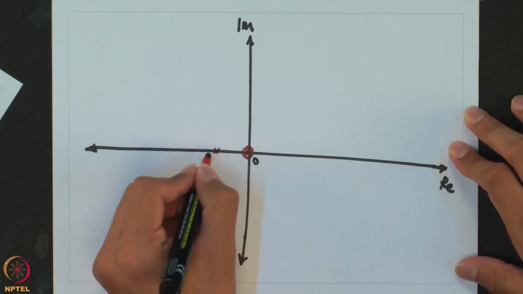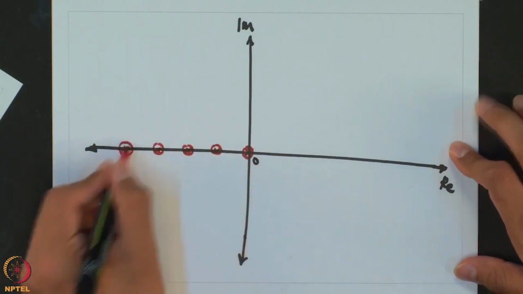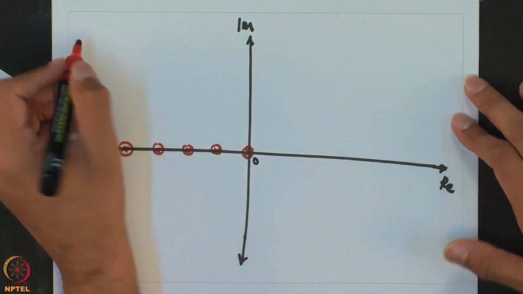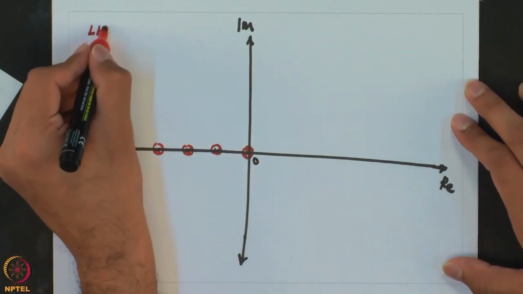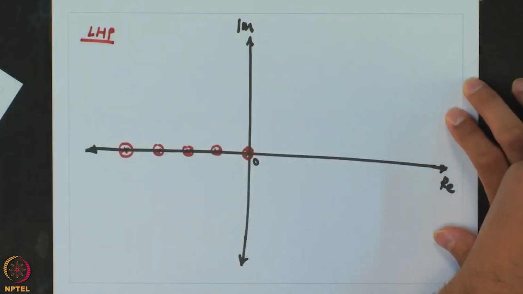When we have a pole on the real axis, any pole on this real axis in the left half plane, so with a negative value, the response will have e raised to minus lambda t terms, which all will decay down to 0.